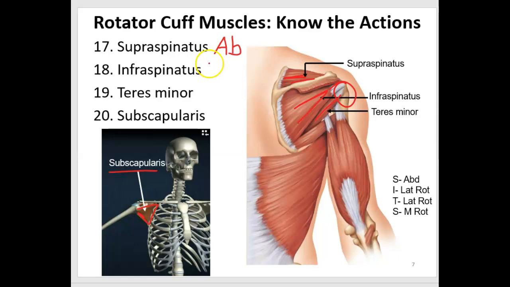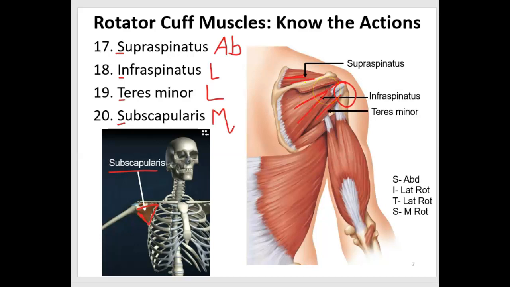The infraspinatus laterally rotates. The teres minor laterally rotates. And the subscapularis medially rotates. So to remember these, I usually remember S, I, T, S, sits, and then all M.